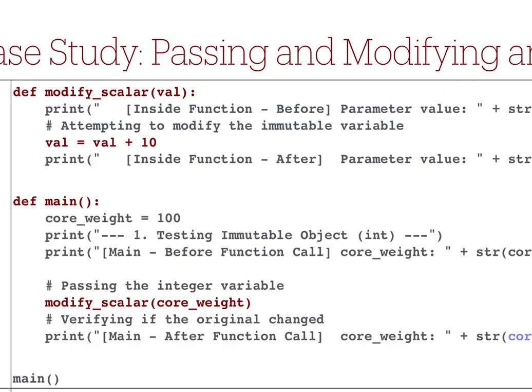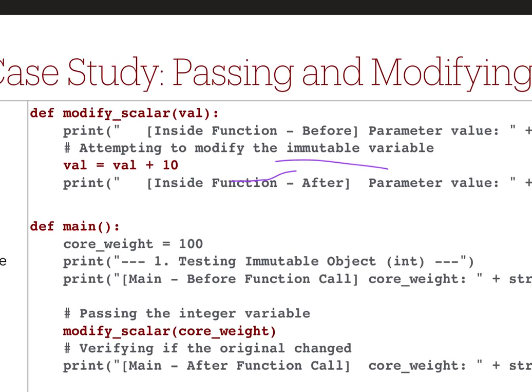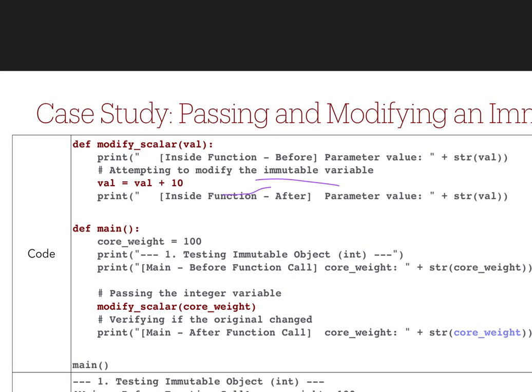So here I have a function called modify scalar function that anticipates one parameter, VAL. Whatever the value of VAL is given, the print function will display these statements and the value of VAL.